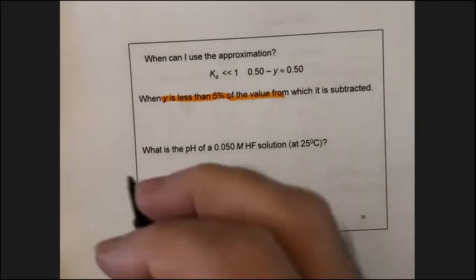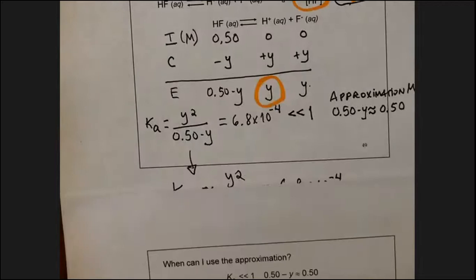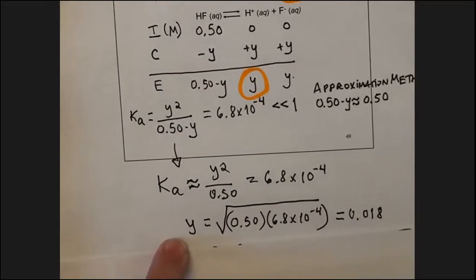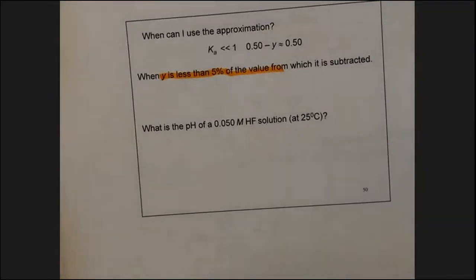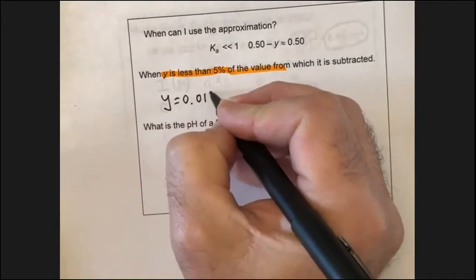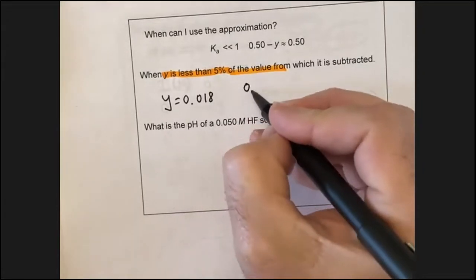So in the example we just did, if I can find it again, I'm losing my pages here for some reason. Oh, sorry, it's underneath here. Okay, so here was what we said. We found out that our value of y was 0.018. Let's see how that compares with the initial value.